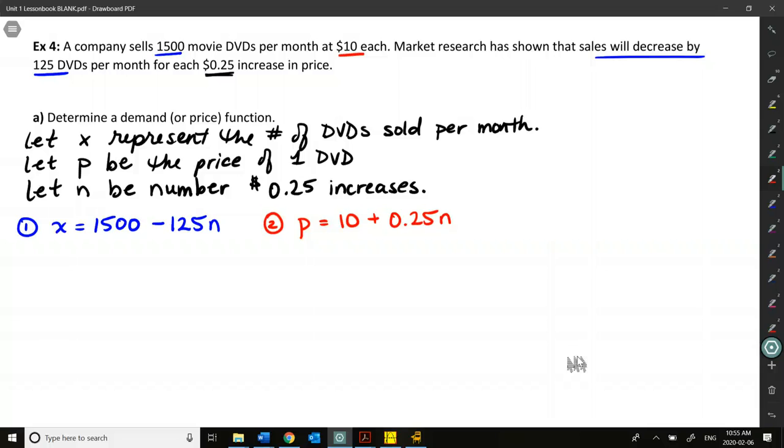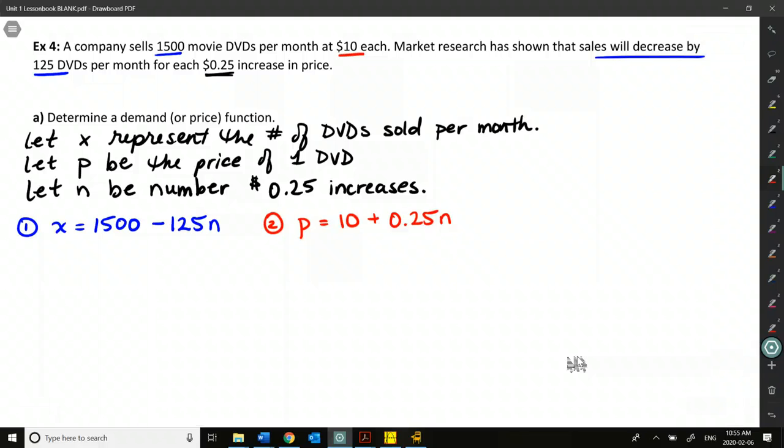Now ideally, I don't want to have two separate equations here. I want an equation that represents price with the number of units sold rather than the number of price increases or decreases, depending on the question. So I want to find P in terms of X. I have two equations.